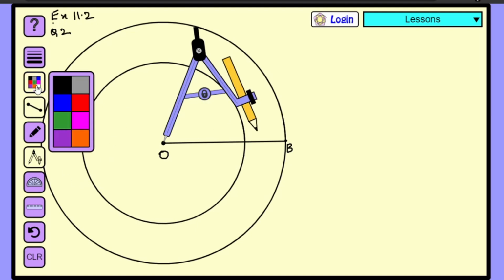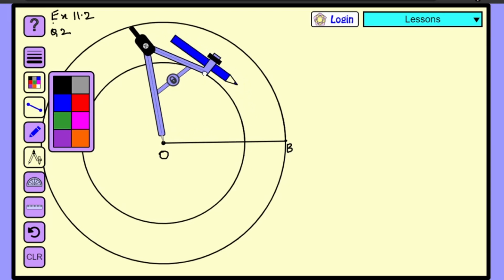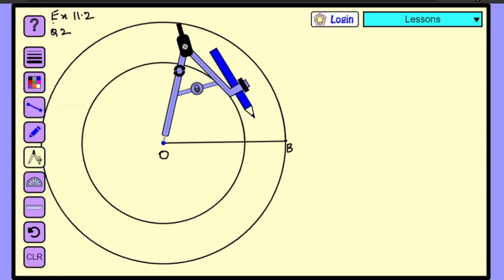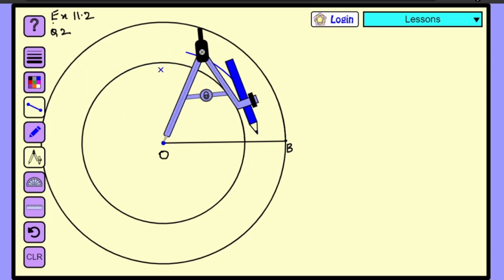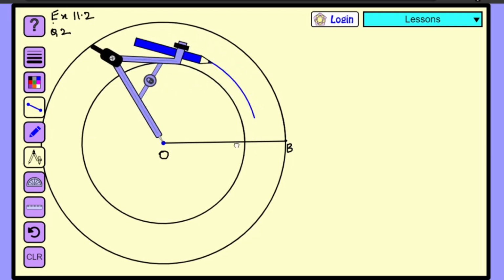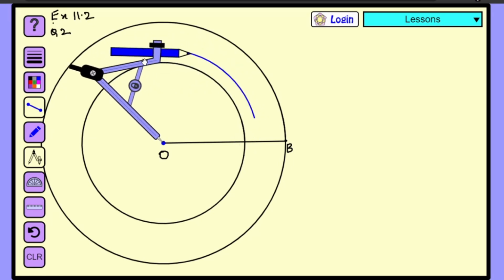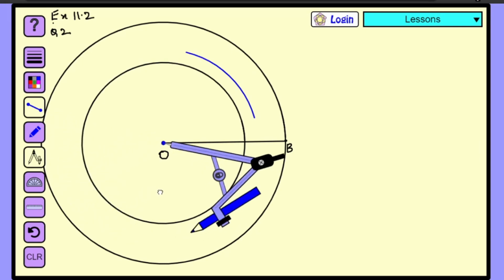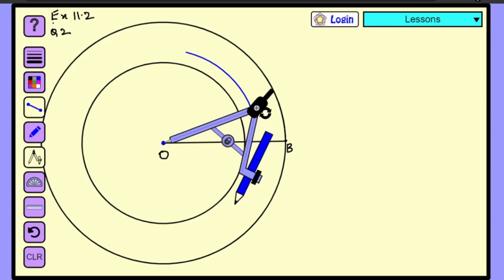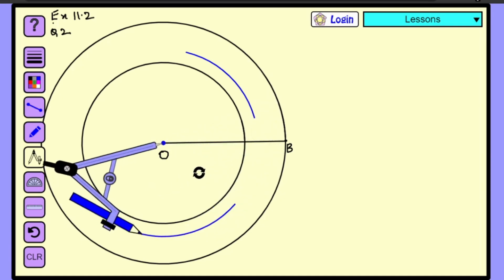I will change the color and draw the arcs.